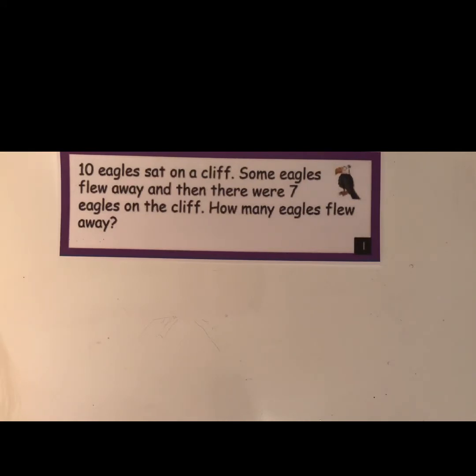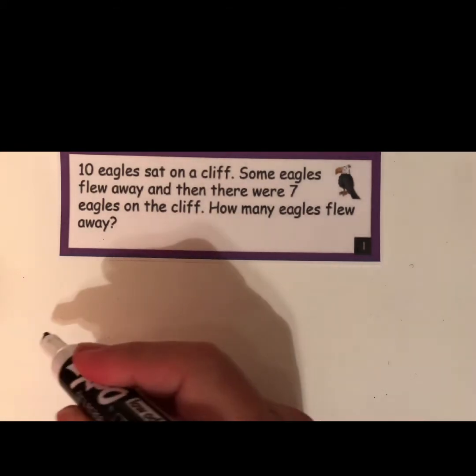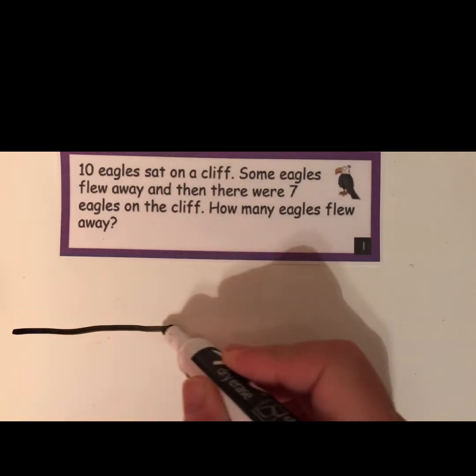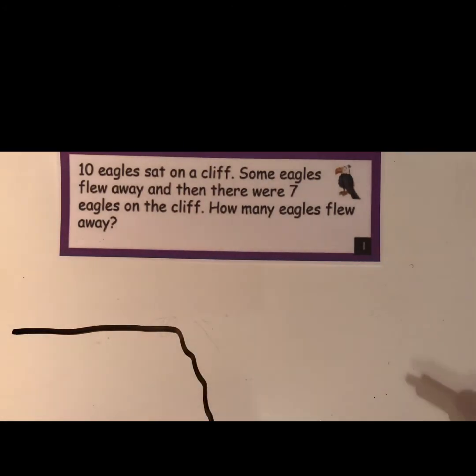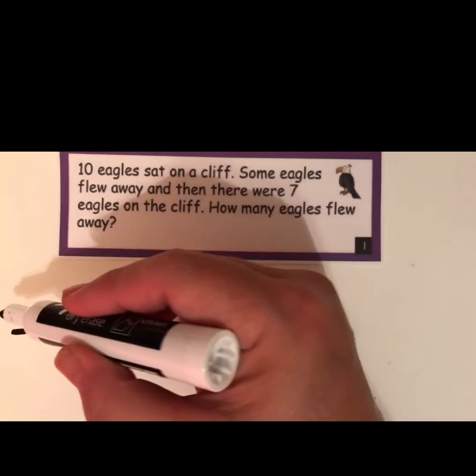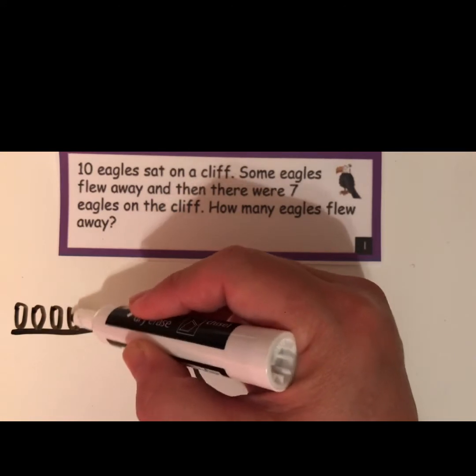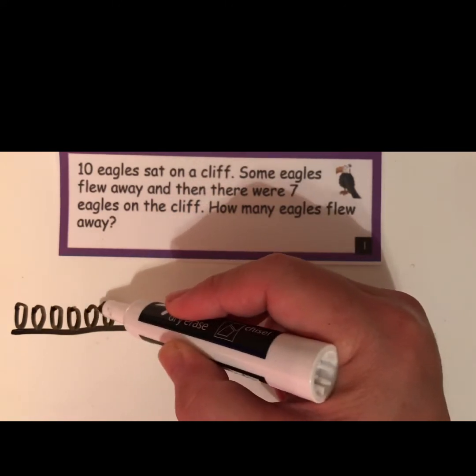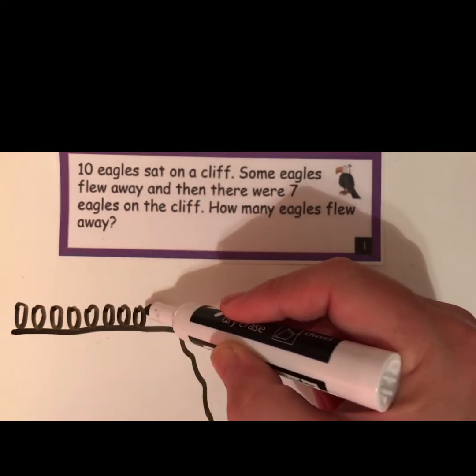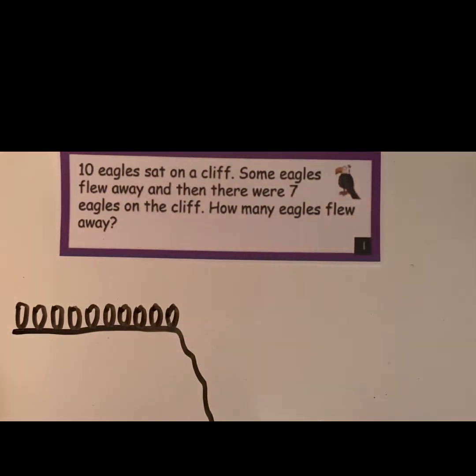How many eagles flew away? So it's saying a cliff is like this, the side of a mountain, where the mountain goes down. There are 10 eagles sitting on the cliff. So I'm going to draw 1, 2, 3, 4, 5, 6, 7, 8, 9, 10. There are my 10 eagles.